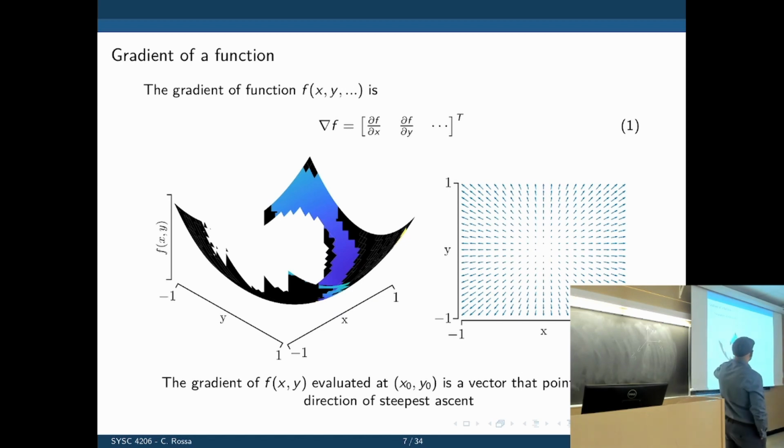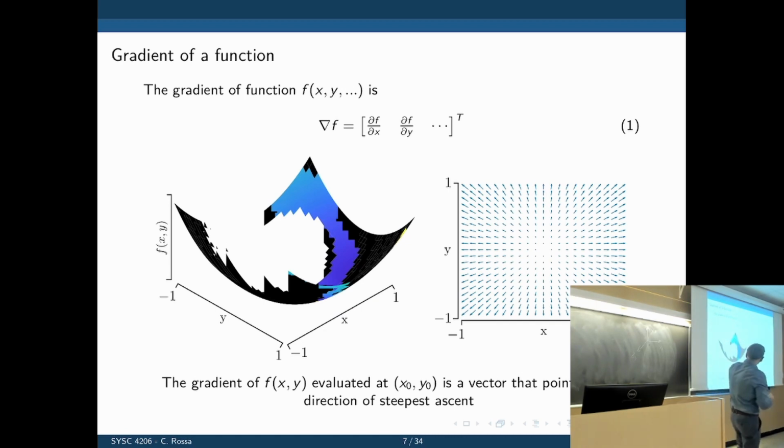So the partial derivative with respect to x, with respect to y, and so on. When you take the gradient, now it is the collection of partial derivatives, which is also a function, right? Also a function, which means that that gradient can be evaluated anywhere on the plane of variables.